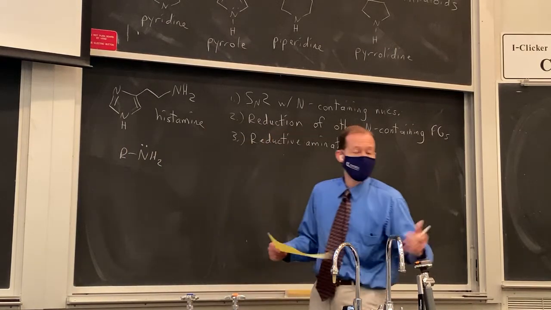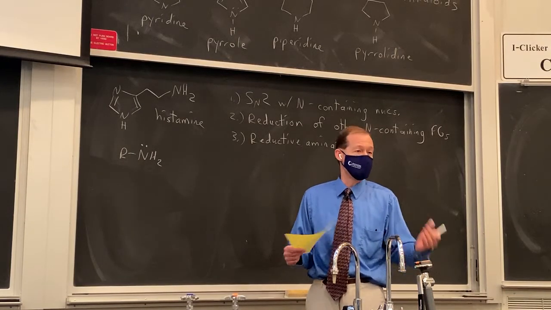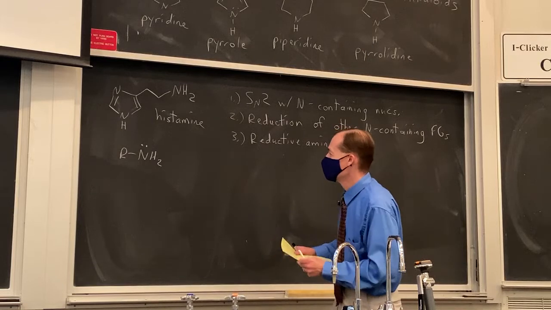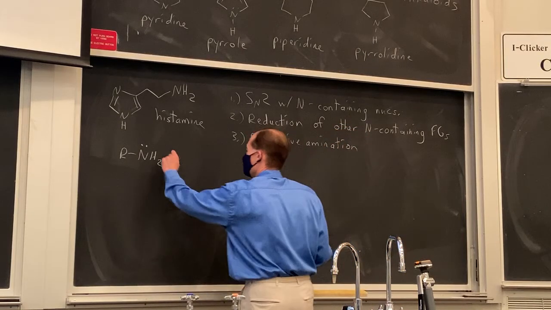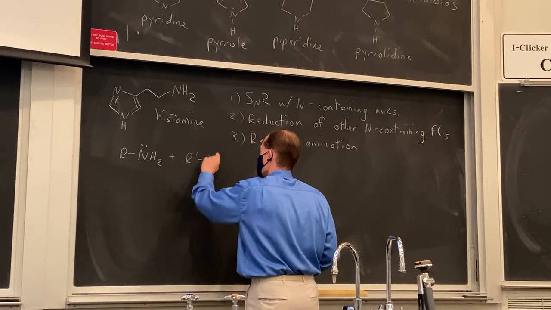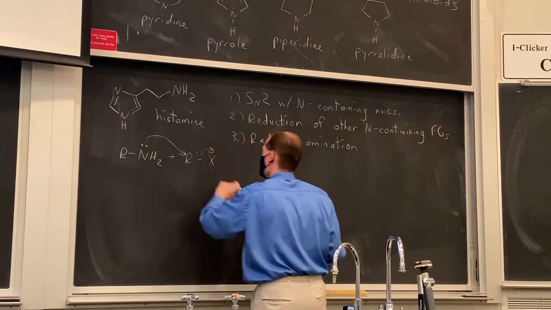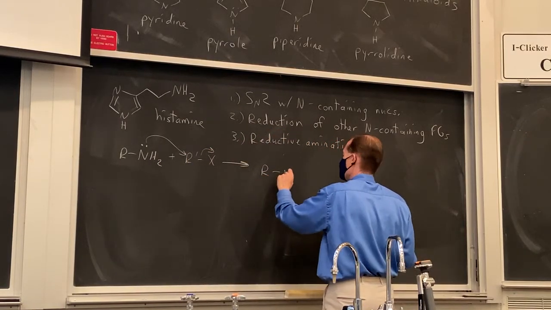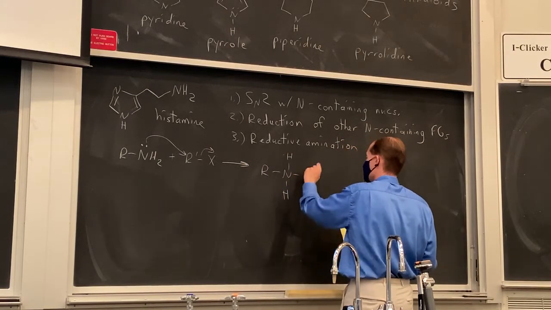We learned that ammonia is a strong nucleophile. We learned that other types of amines can be strong nucleophiles. Sometimes their bulk makes them less nucleophilic, but many times we can use amines as nucleophiles in SN2 reactions. So we can take an amine, react it with an alkyl halide, and that's going to give us an ammonium salt. Okay.